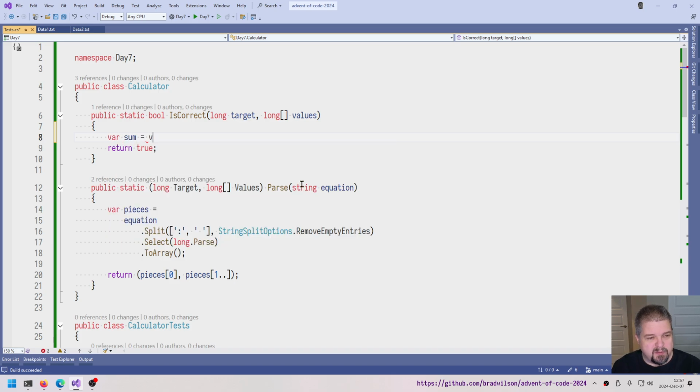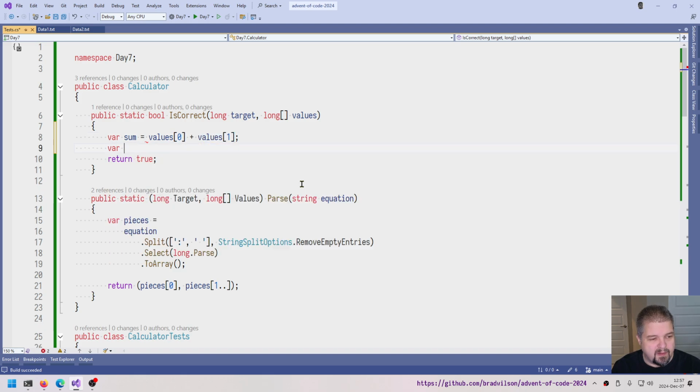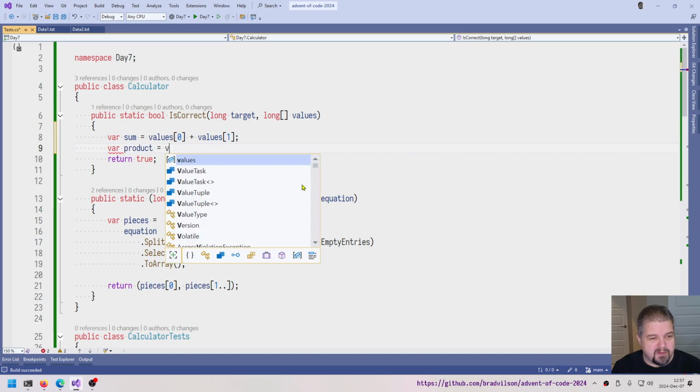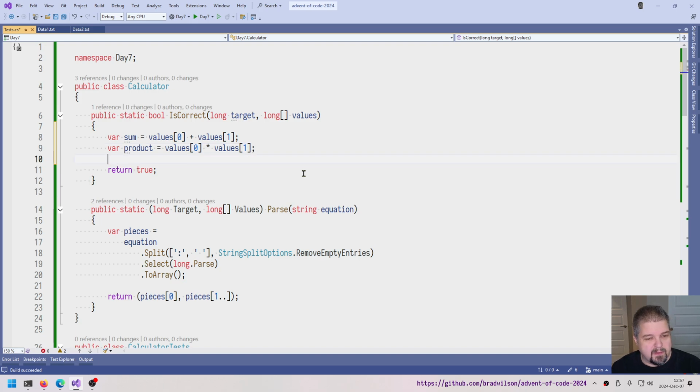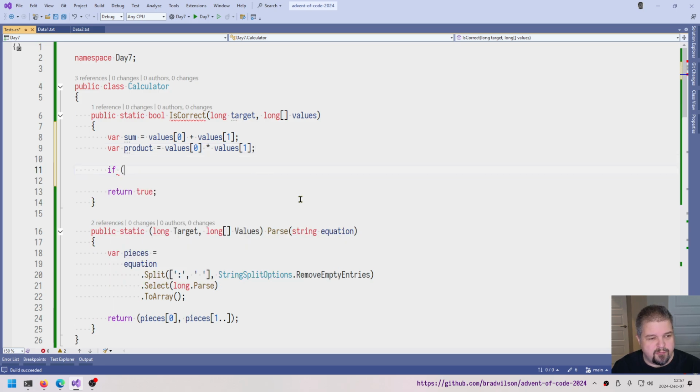The sum is going to be values sub 0 plus values sub 1. And the product is going to be values sub 0 times values sub 1, right? So the answer here now is if the length of the values is 2, right?